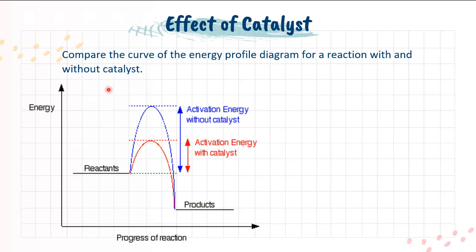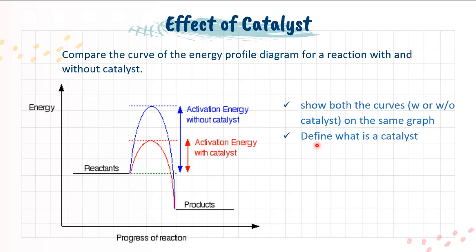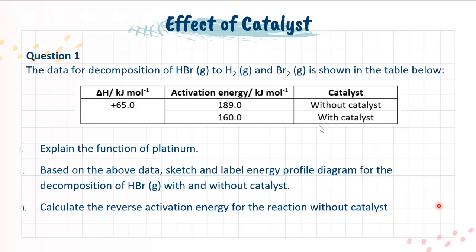All right, so show these two curves in the same graph, the one with catalyst and without catalyst, so that you can compare. Define what is a catalyst. So definition just now: increase the rate, providing an alternative pathway with lower activation energy.